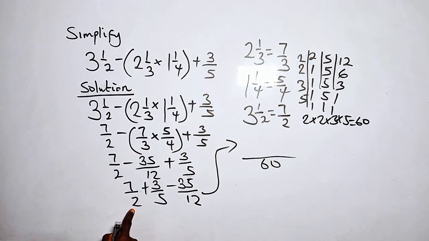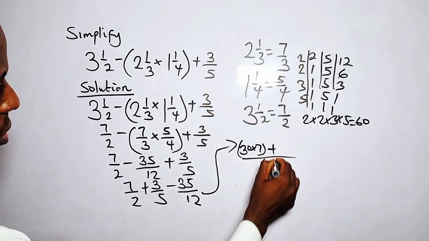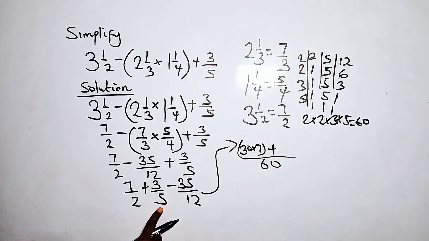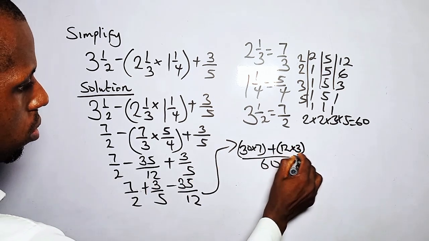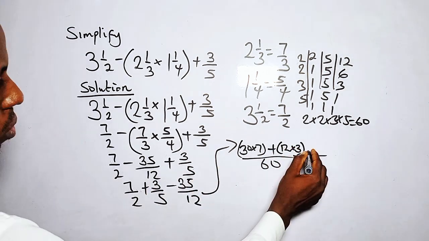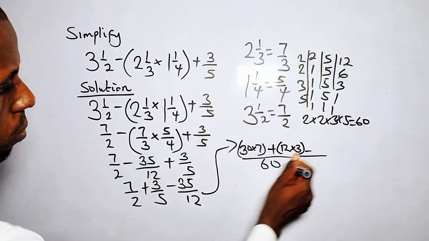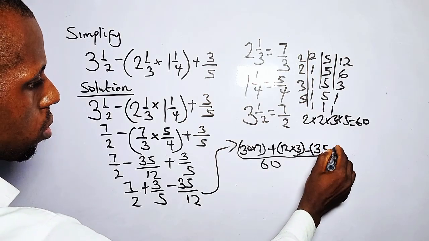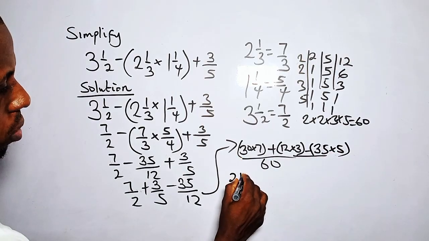So we start dividing. 2 in 60 is 30. 30 times 7, plus, when you divide 60 by 5, you have 12. We times it by 3. Then minus, when we divide 60 by 12, we have 5. We times it by 35. So here 30 times 7 is 210.